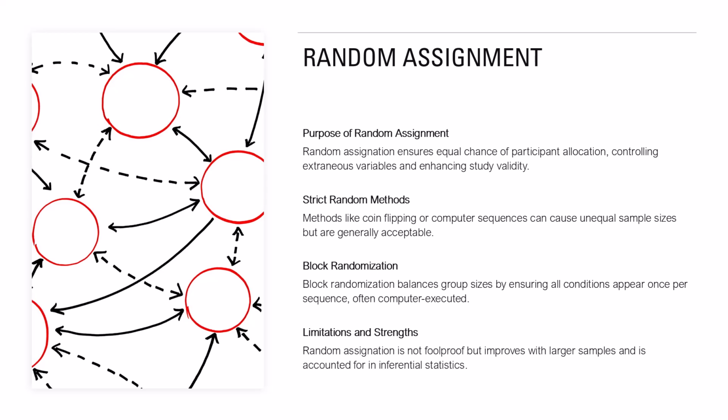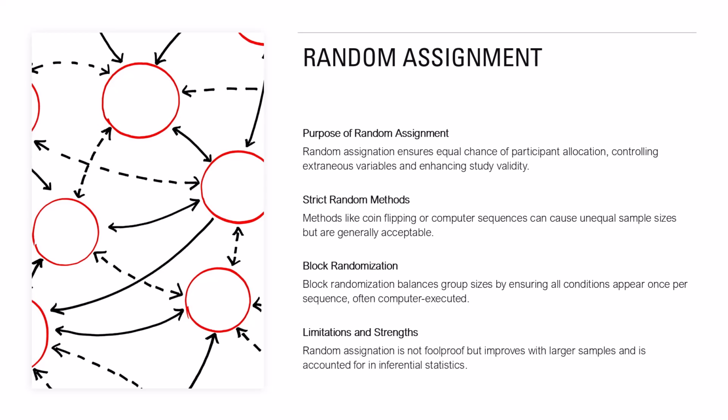However, for statistical efficiency, researchers often use modified random assignment techniques like block randomization. In block randomization, all conditions occur once in a sequence before being repeated, maintaining balanced group sizes. This method is typically pre-planned and executed using computer programs.